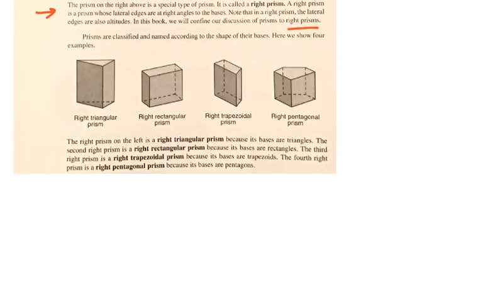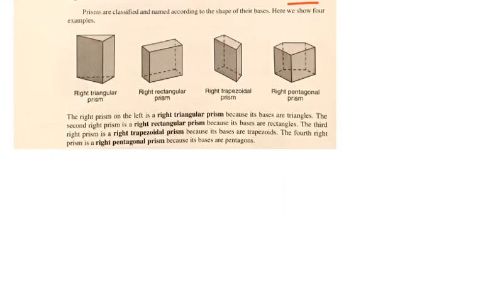Prisms are classified and named according to the shape of their bases. Here we show 4 examples. First, we have a right triangular prism, and again, to name it, this triangular piece is because of the base shape. Since the bases are triangles, it is a right triangular prism.